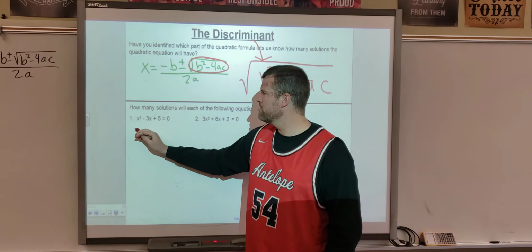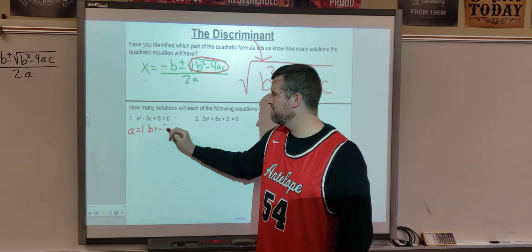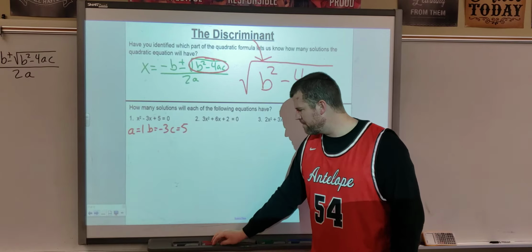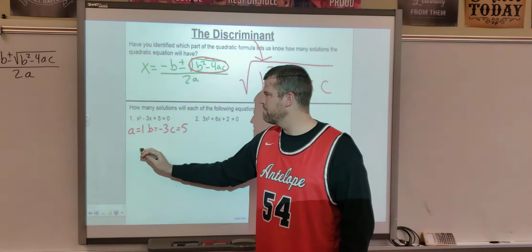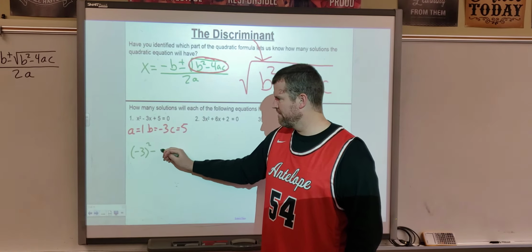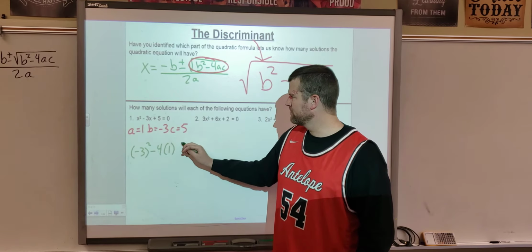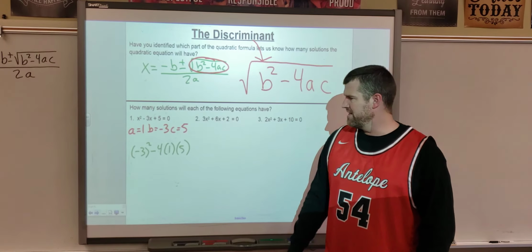So I'm going to go through, I know my a is 1, my b is negative 3, and my c is 5. If I plug those numbers into my discriminant, so b squared, negative 3 squared, minus 4 times a is 1, times c, then I can simplify this.